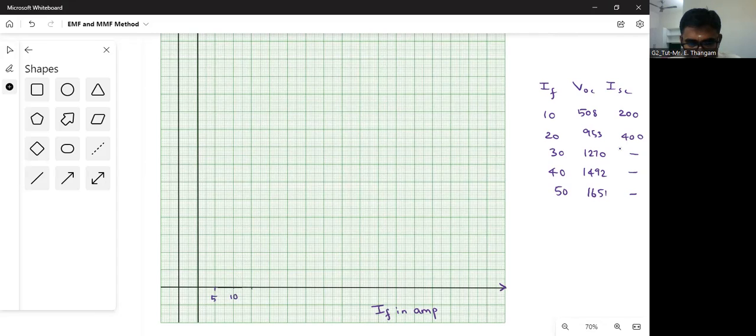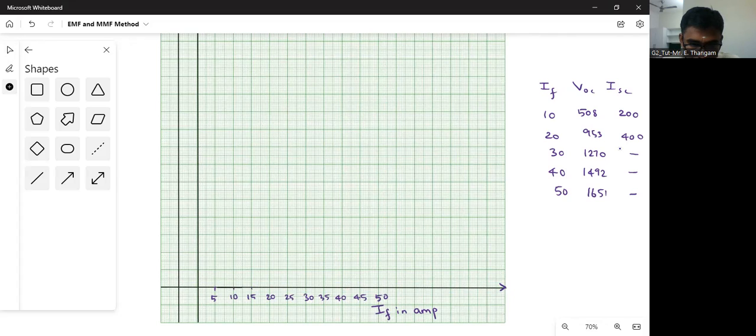This point is 15 amps, 20, 25, 30, 35, 40, 45, 50. In this manner, we can mark the x-axis, right?